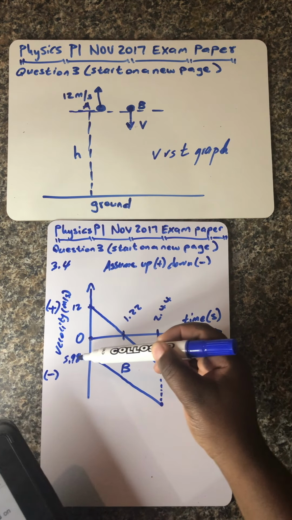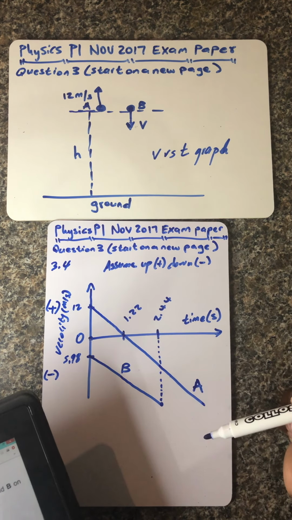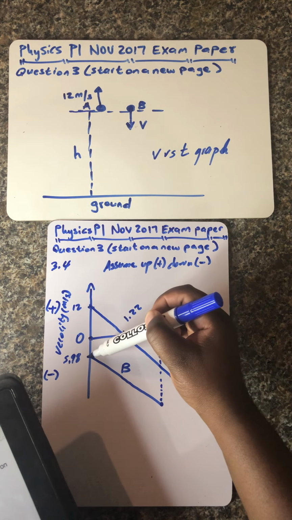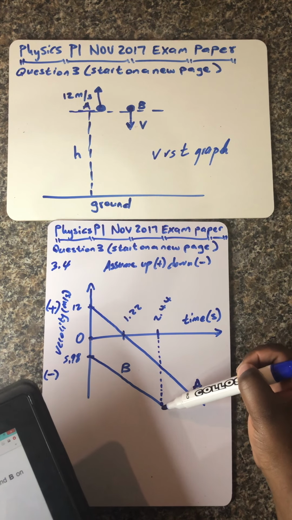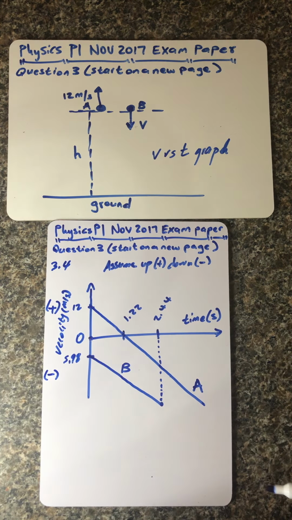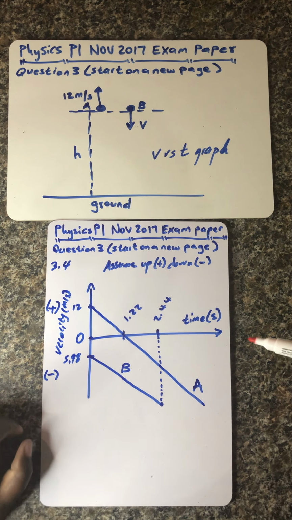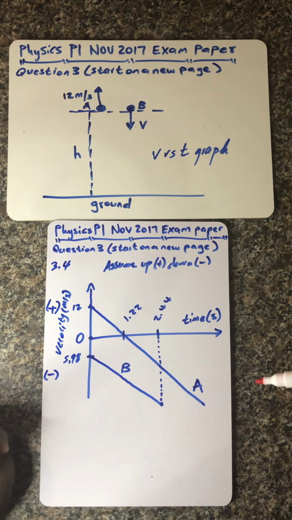We have indicated that it was thrown downwards at 5.9 meters per second. It continues going down until it hits the ground, and this is the time it took to hit the ground. So I think we've answered everything, so we deserve full marks.